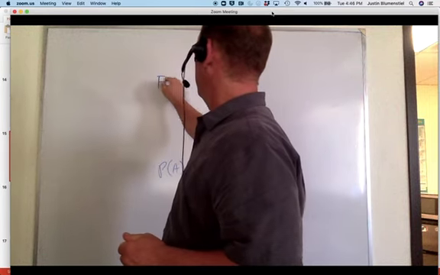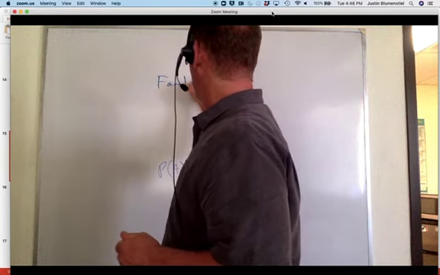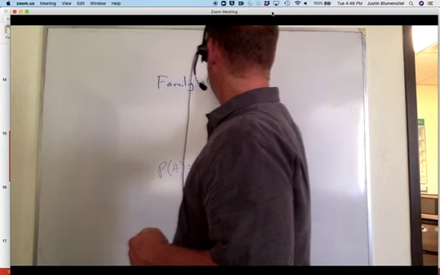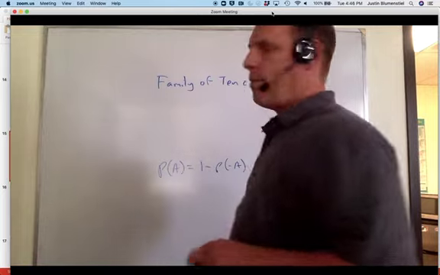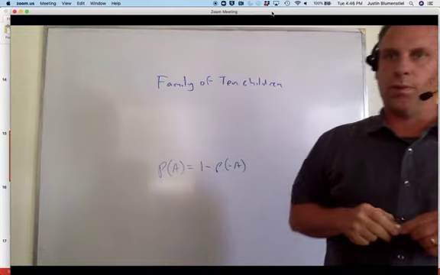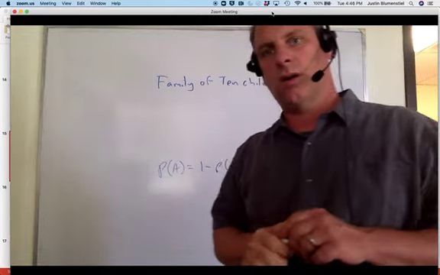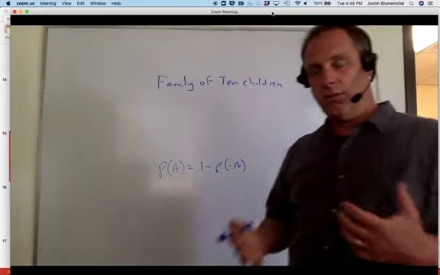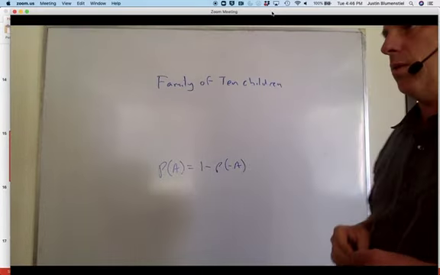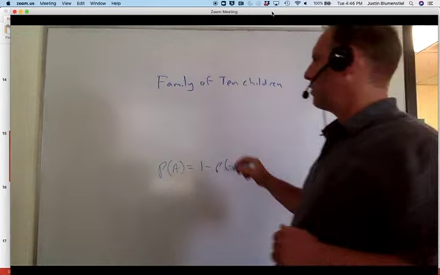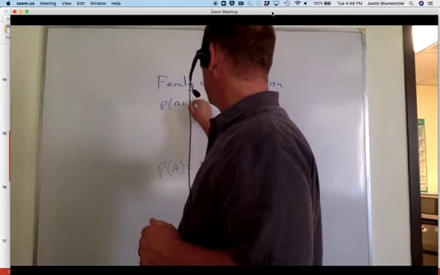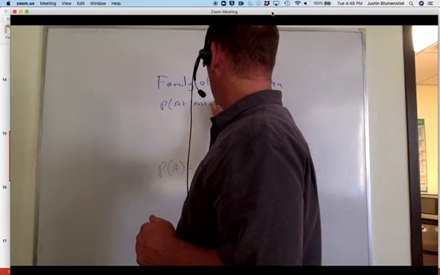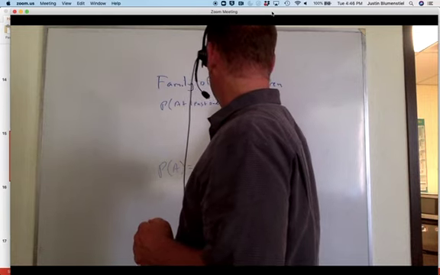A family of 10 children. And I'm not going to ask what's the probability that all are boys, or all are girls, or all of one sex, which you could break down to all boys or all girls. I'm going to ask, what's the probability of at least one girl?